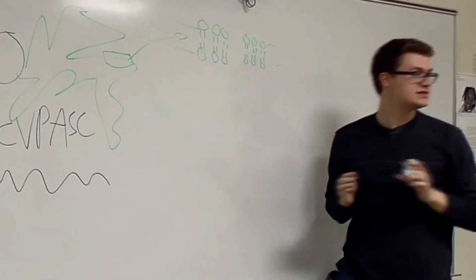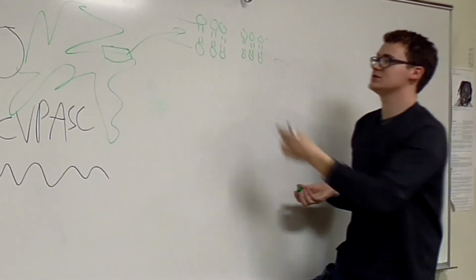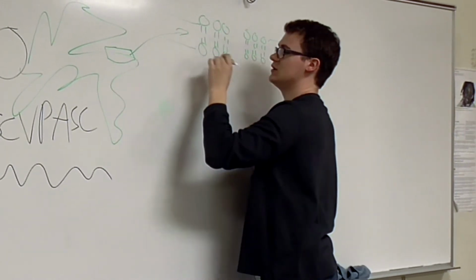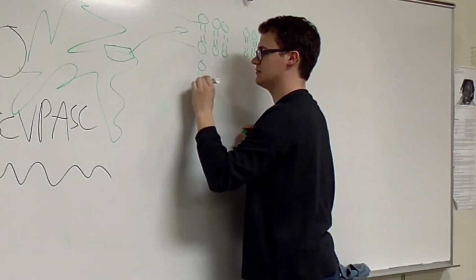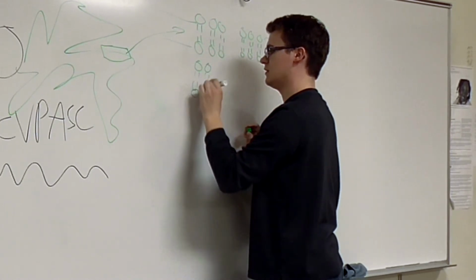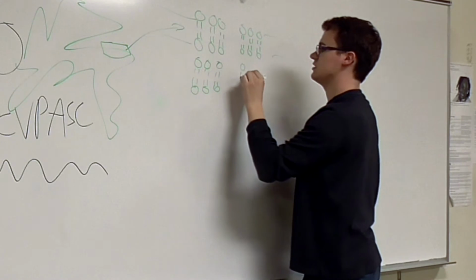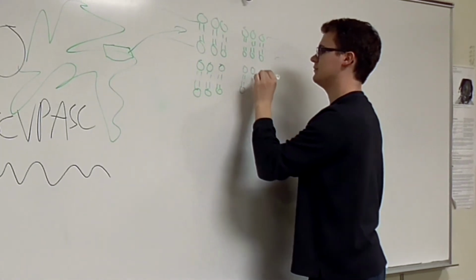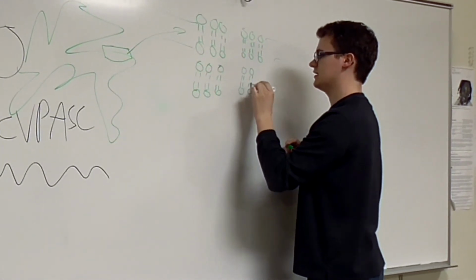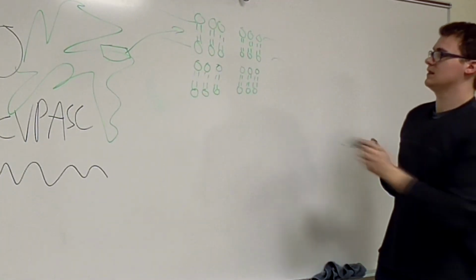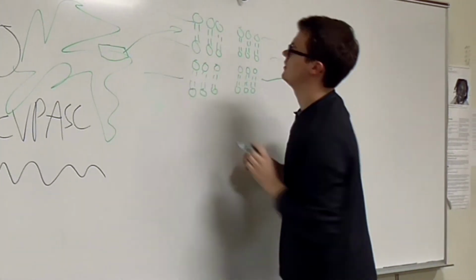Now, I did say that this is a double phospholipid bilayer, so you can expect one phospholipid bilayer, two. Just like your skin, it has multiple layers as well. It continues on over here. You'll notice that I am leaving a little gap. This gap is going to be very useful to us in one second. So again, this continues on.